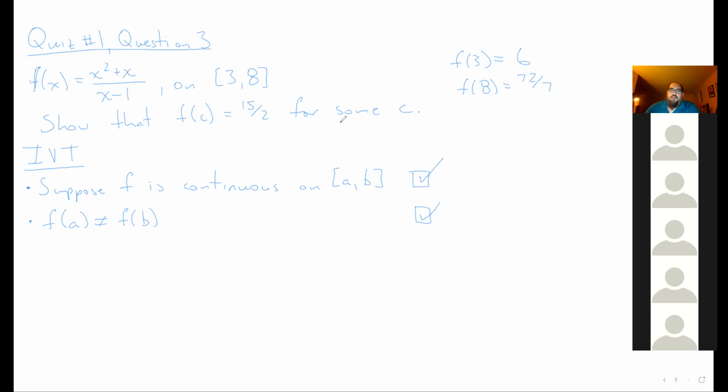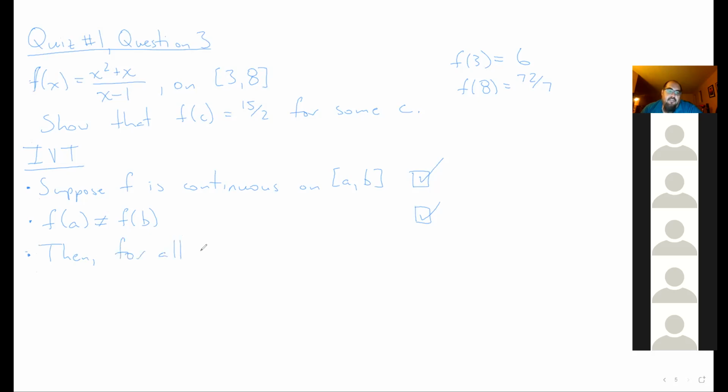Okay. And this next part is why this theorem is called the intermediate value theorem. These two are the things I have to satisfy. Oh, wait. It's because it's between 6 and 72 over 7, right? That's exactly it.